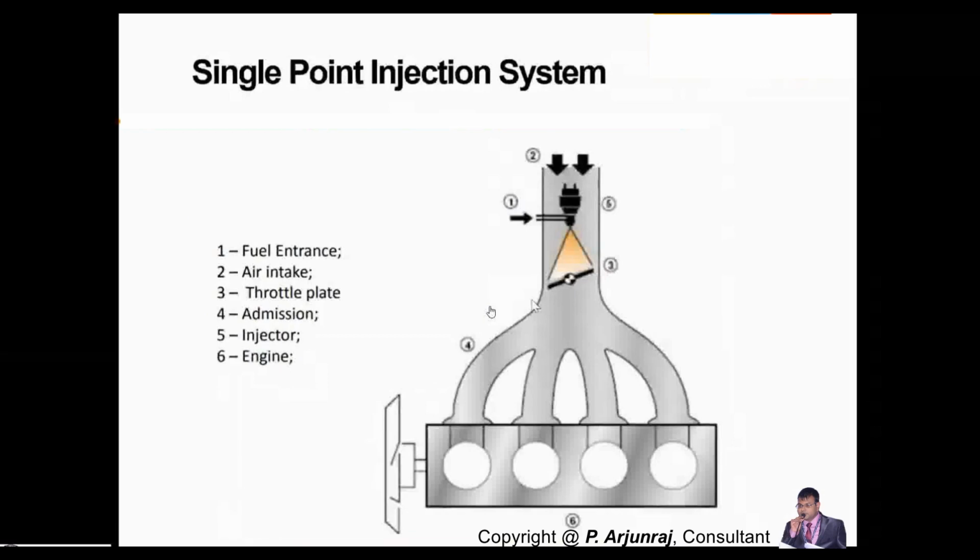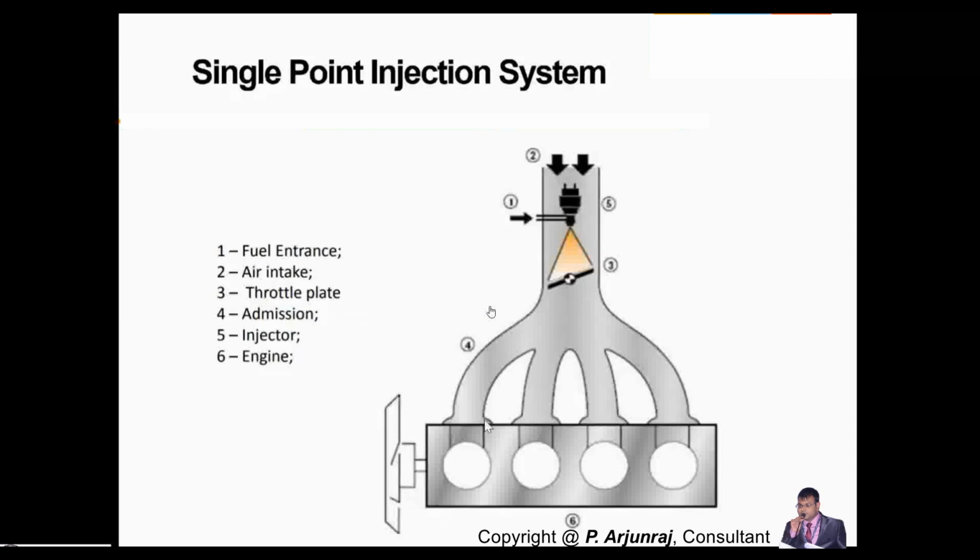Three is the throttle plate or the throttle valve, where it will allow the quantity of the mixture. And four is the admission. Admission in the sense it admits the air fuel mixture to go to the system. And five is basically the injector. So this is the injector.